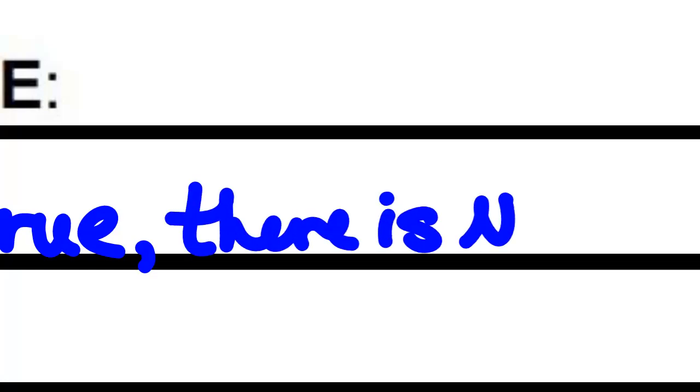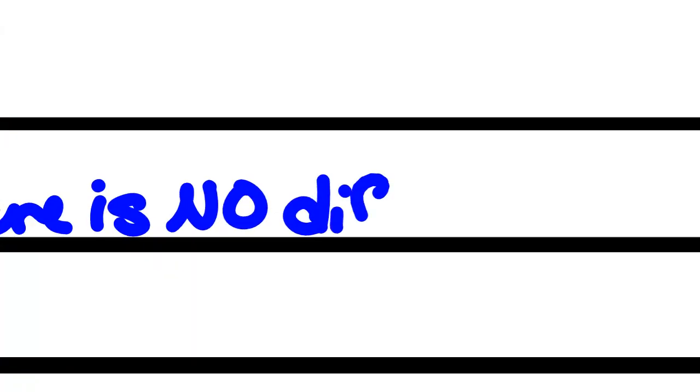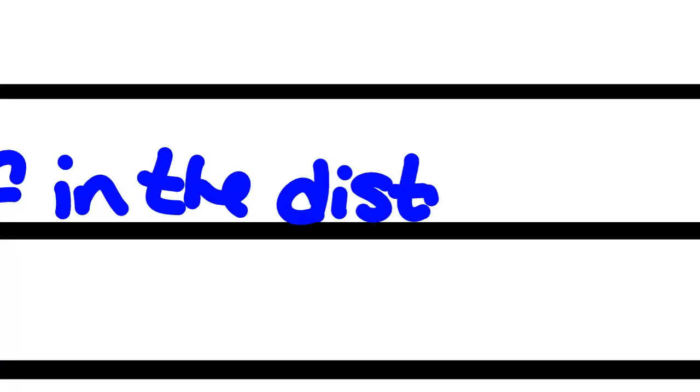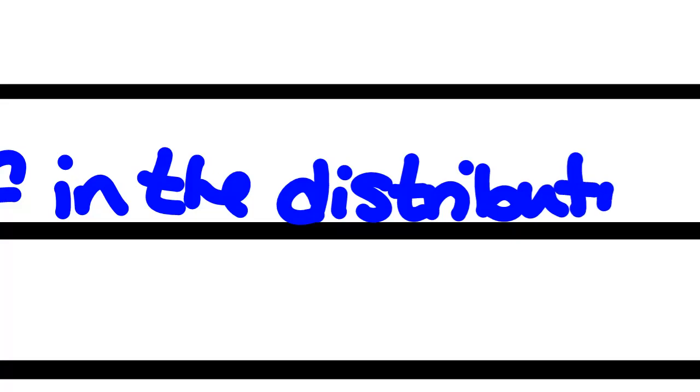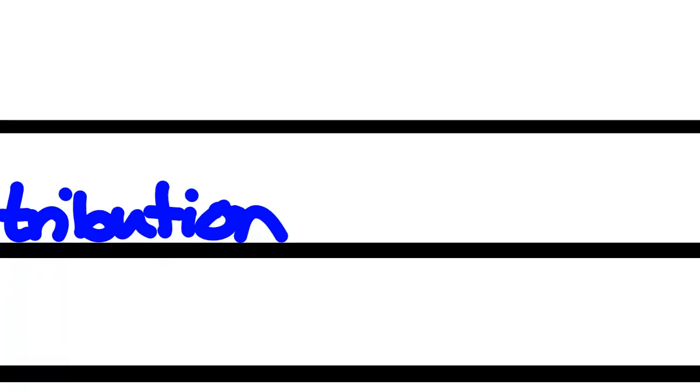There is no difference in the distribution of Haribo and Kroger gummy bears.